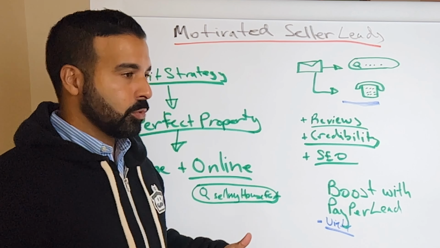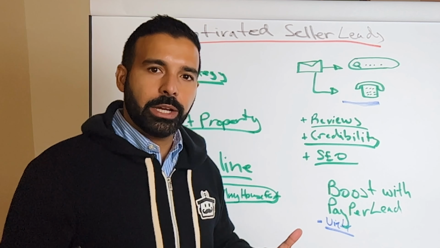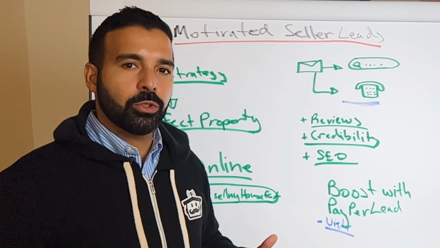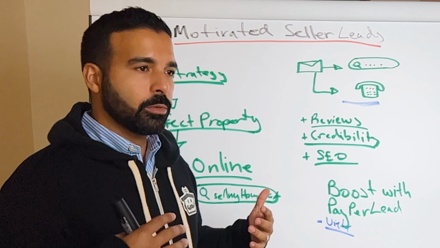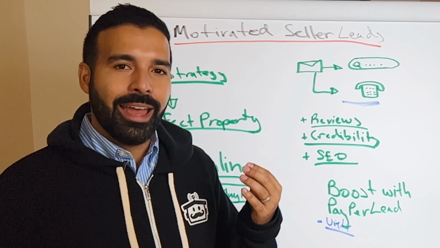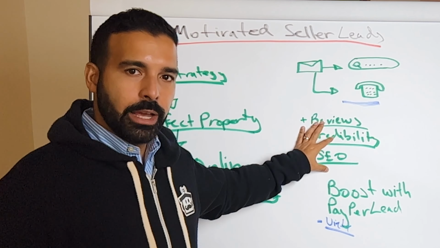Now, do not close a deal without trying to get a review, a 5-star Google review, getting a picture with the seller at the closing table, or some sort of video testimonial, because that is only going to help you, and that's now an asset for your company's brand eventually.